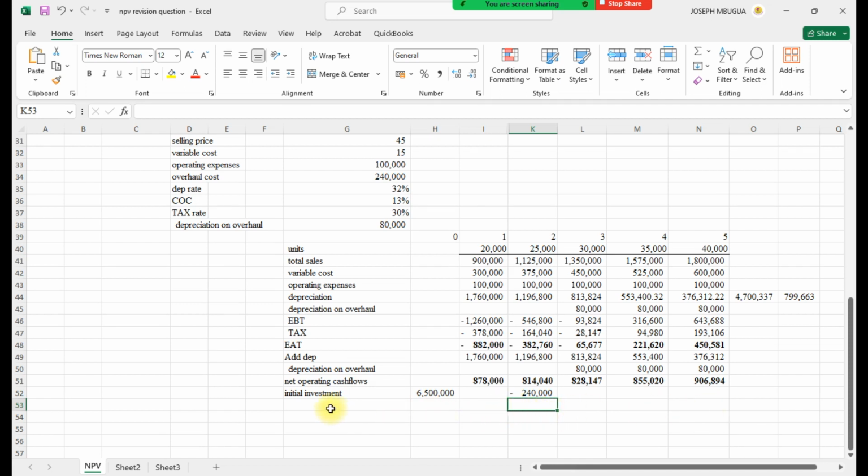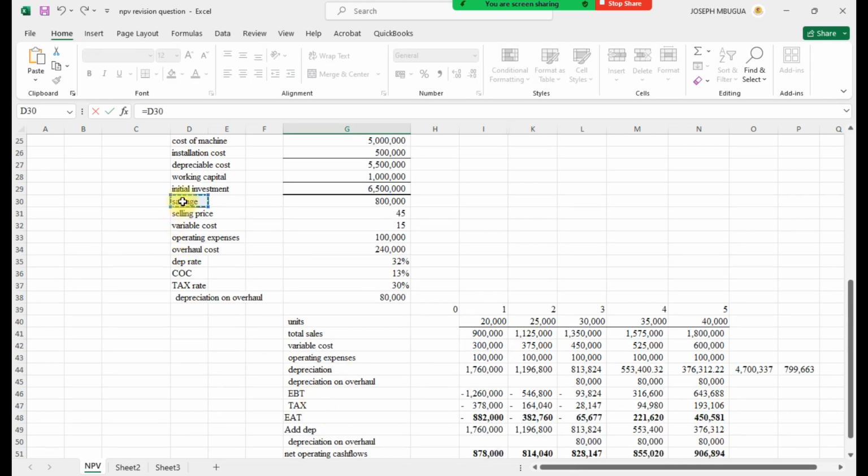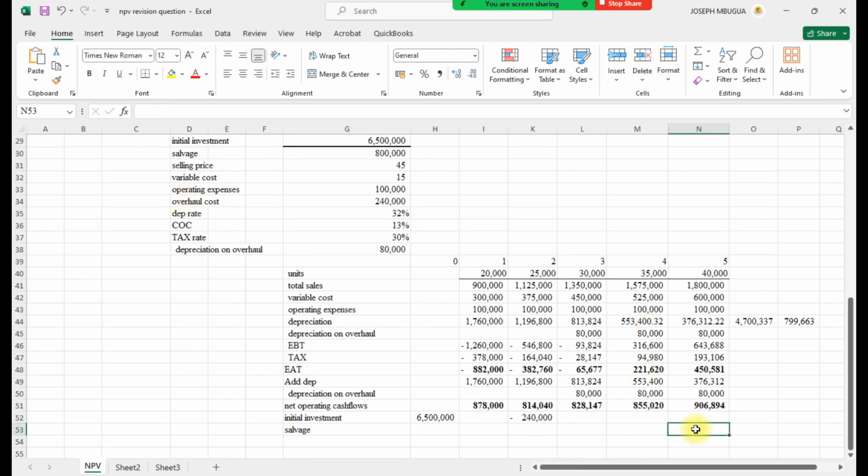Then we have the salvage. Remember, we recover the salvage value at the end of the useful life.